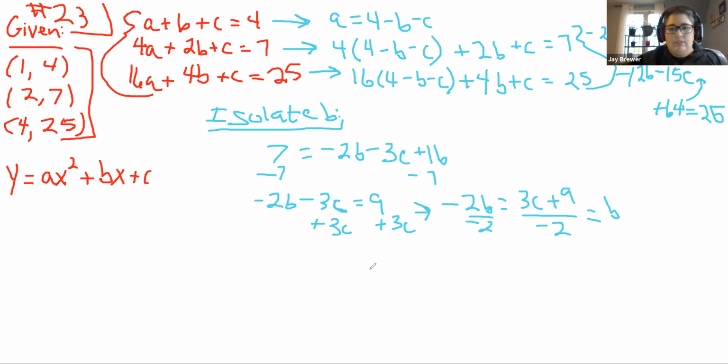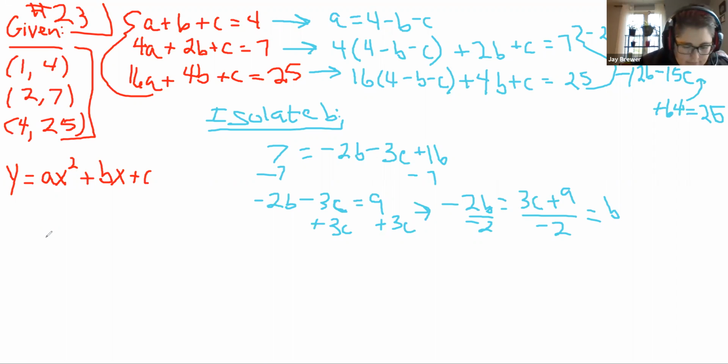All right, do we agree that's B? Oh, that's what I did. I just brought the negative up top instead of on the bottom. Okay, we might still be good.